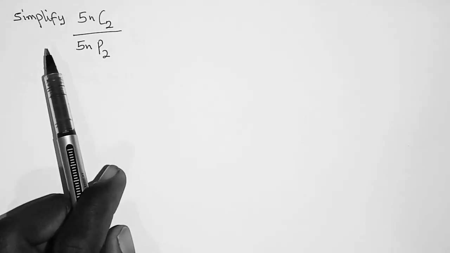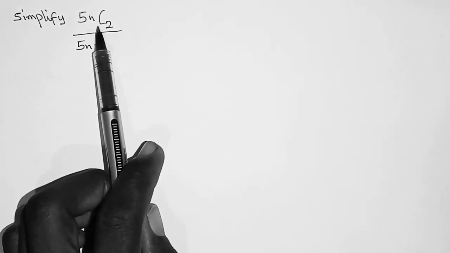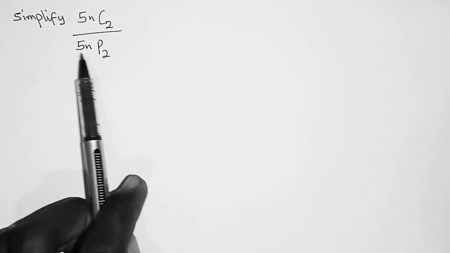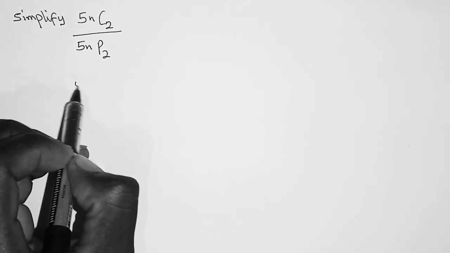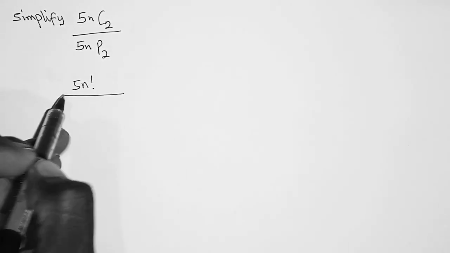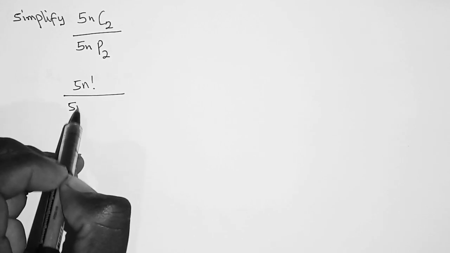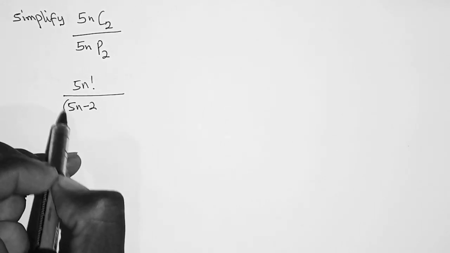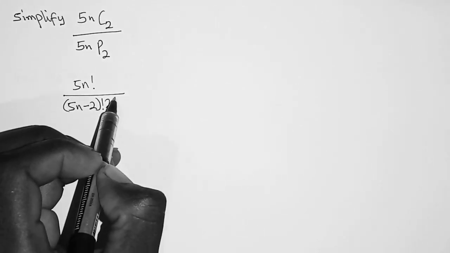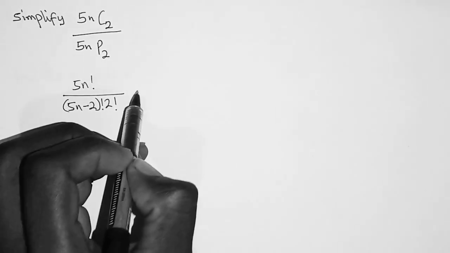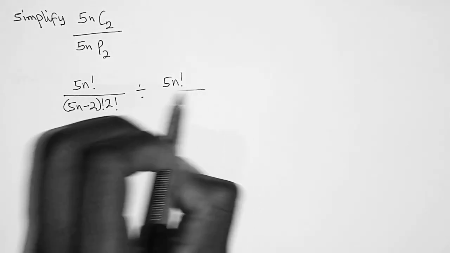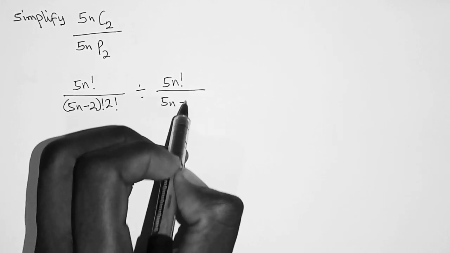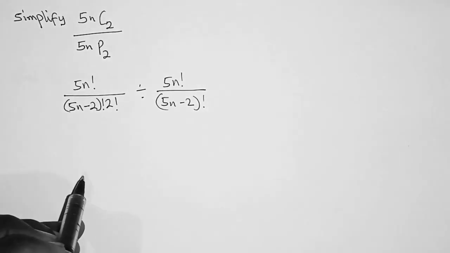So let's solve this question. Simplify 5n combination 2 divided by 5n permutation 2. So 5n combination 2 can be written as 5n factorial divided by 5n minus 2 factorial, then 2 factorial. Then this divided by 5n factorial, then divided by 5n minus 2 factorial.